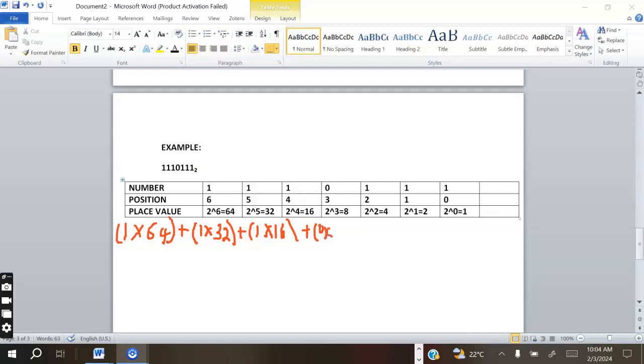On this part you need to be a little bit careful so that you don't miss our digits, plus 1 multiplying by 4. Then we have 1 multiplying by 2, and our last one you have 1 multiplying by 1.